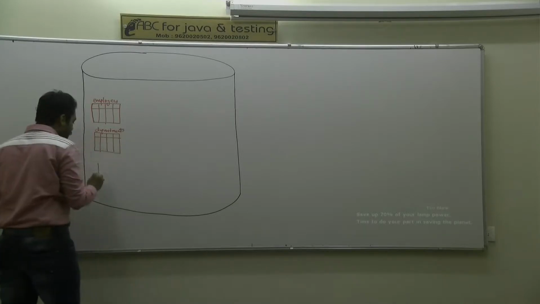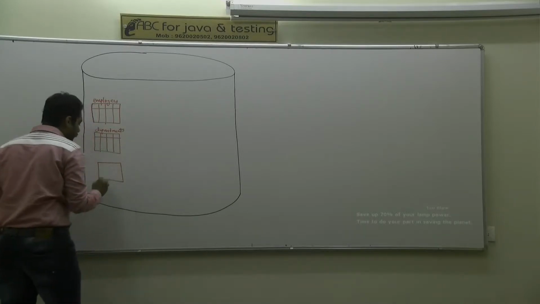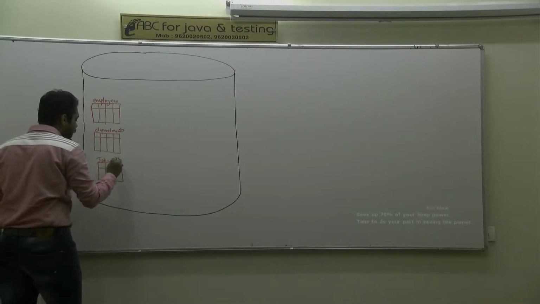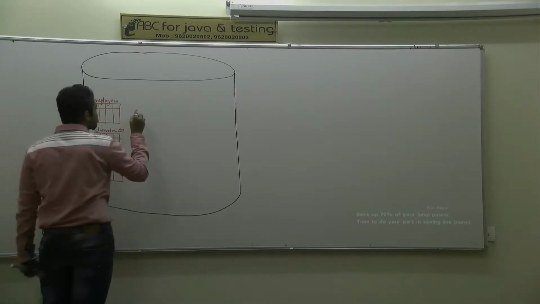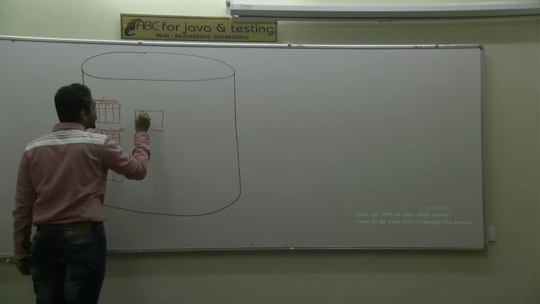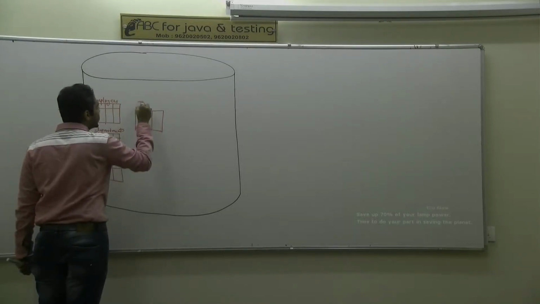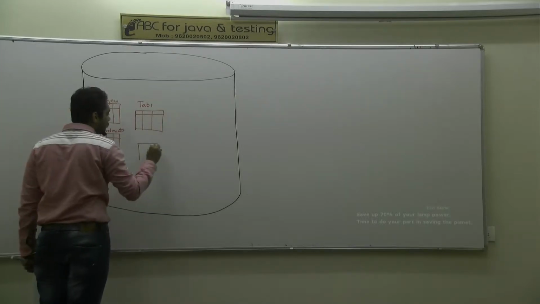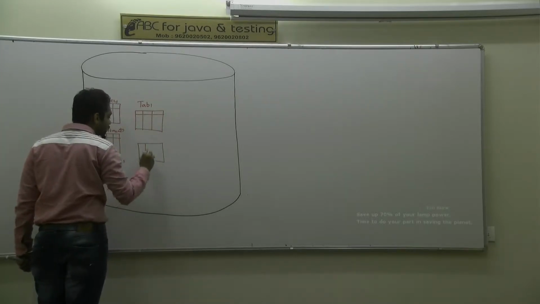Not only that, you have created one table called as job grades. Along with this, in yesterday's class or yesterday's video, we have created one more table called as table 1. One more table called as table 2.